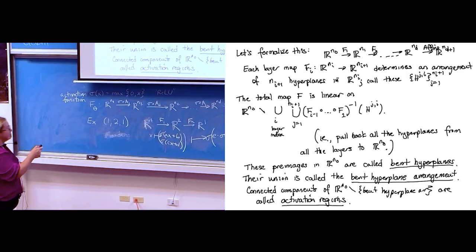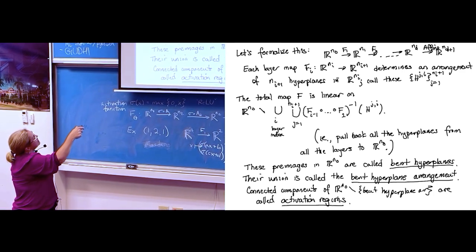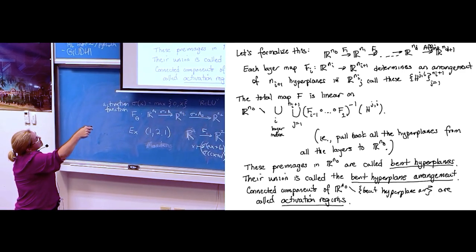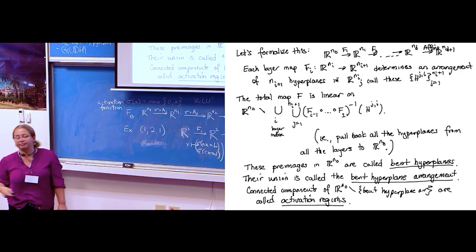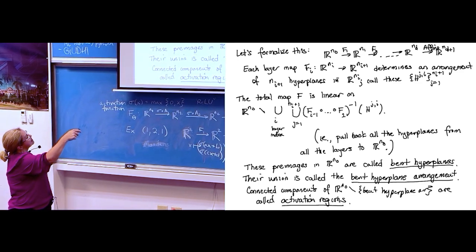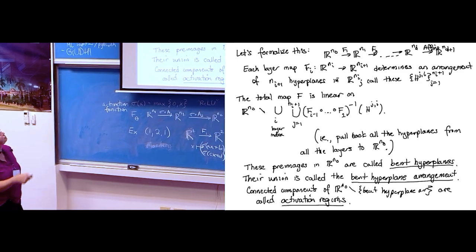So here's our function. Each of these layer maps, F1, F2, gives you an arrangement, and by arrangement I just mean a collection of hyperplanes in the space that's the domain of that map.